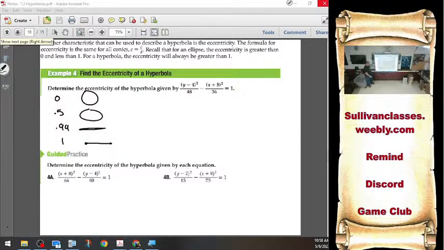At 1, what it's also doing is my foci right on the vertices, it explodes outward to straight vertical.